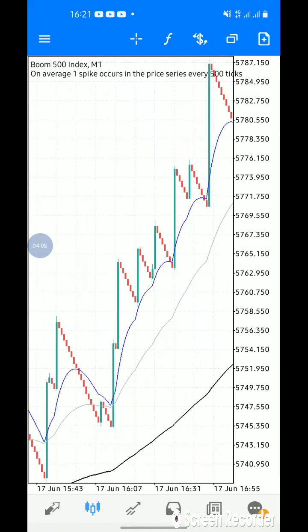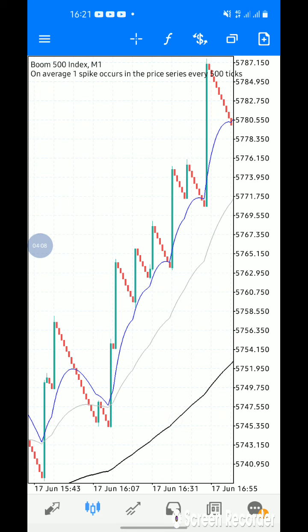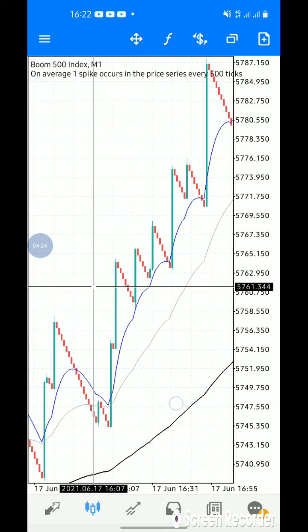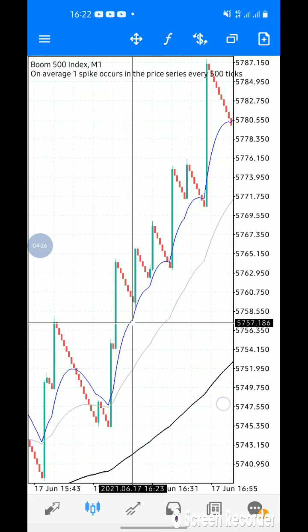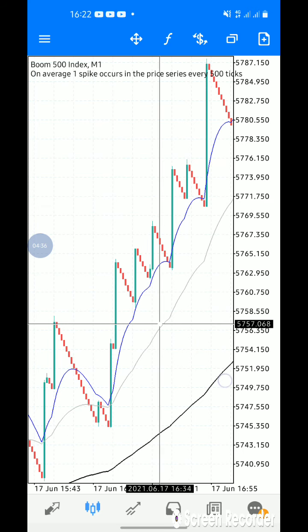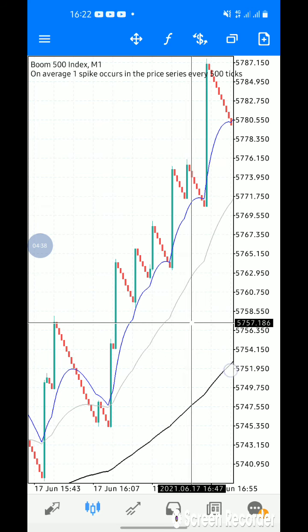So you asked, how do I know the spike is imminent? When I have this arrangement such that the 14 is above the gray line and the gray line is above the black line, that is an uptrend and we are looking to buy. Anytime I have these bars approaching the 14, it may be a time when a spike is imminent, like you can see.